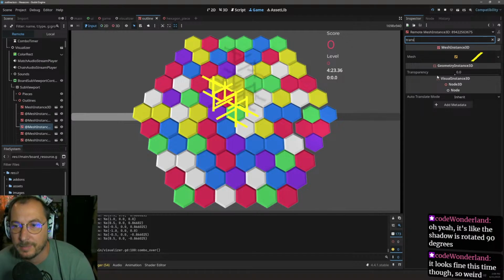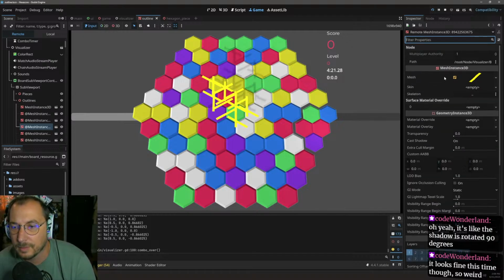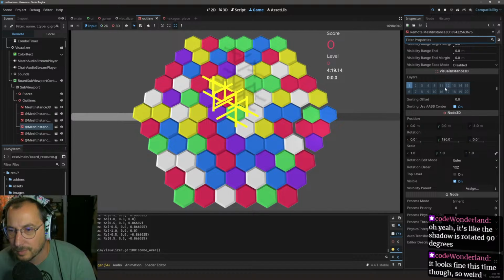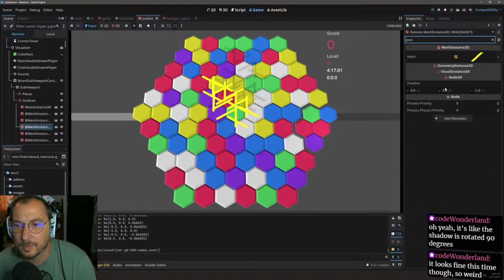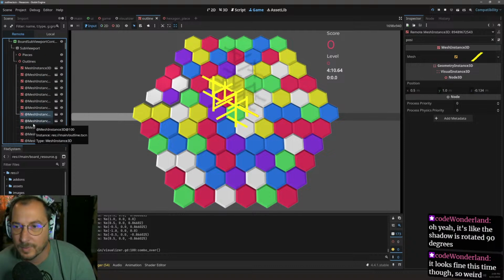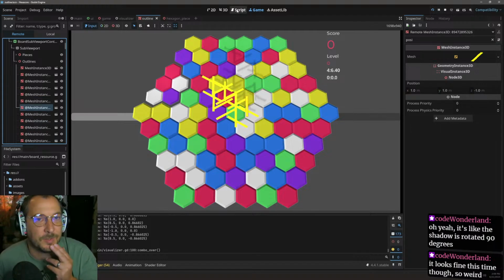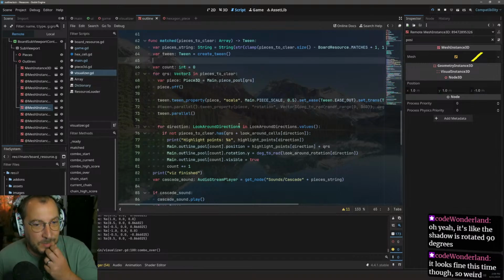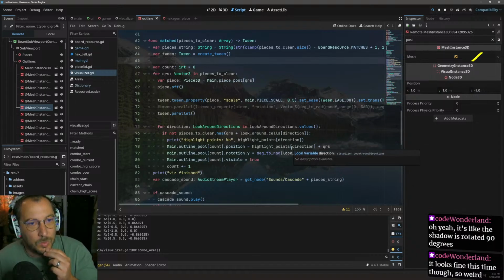Does the filter happen to everything? Position. Yes, okay, it does. Look at that. Why do we have any depth in our position? Okay, this is a clue. We found a clue.